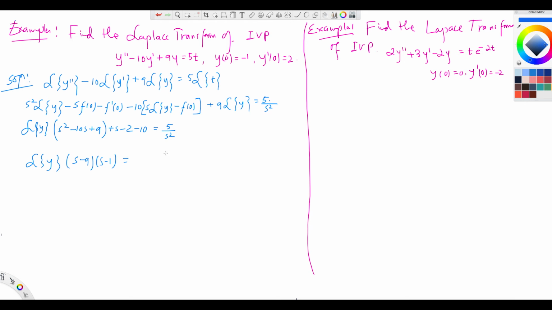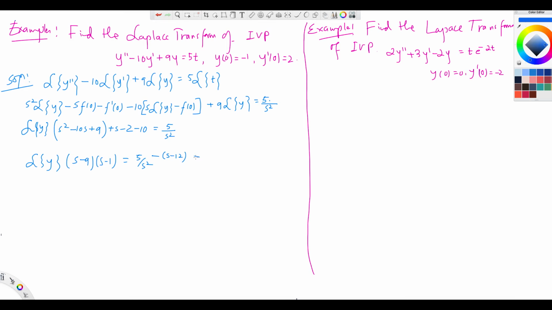So let me move this to the other side. So 5 over s squared times s minus 12, you get that? Minus, you see that, right? S minus 12, s minus 12, right?